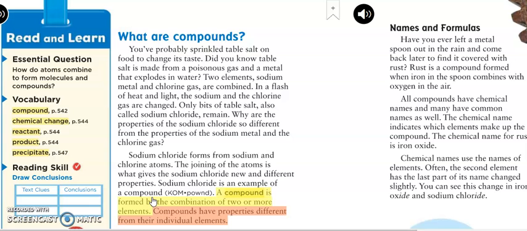So sodium chloride is an example of a compound. A compound is formed by the combination of two or more elements.